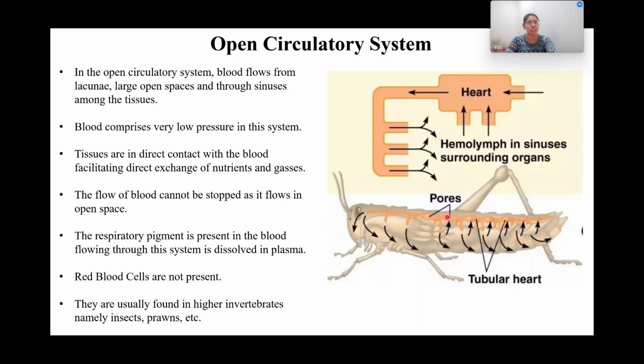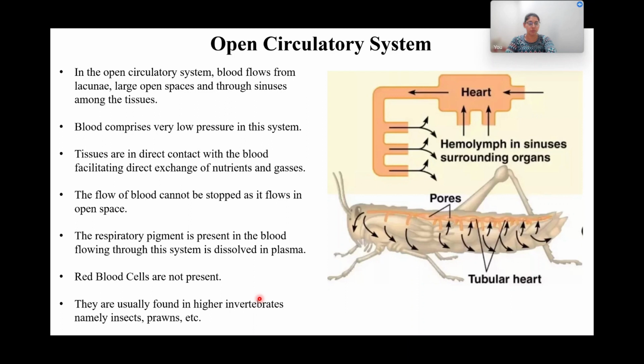The respiratory pigment, because blood has to be carried everywhere, we'll see how there is something called hemoglobin in the blood, which is responsible for carrying the oxygen. So the respiratory pigment in the blood here is dissolved in the plasma, which is a component of the blood, and it flows through that.